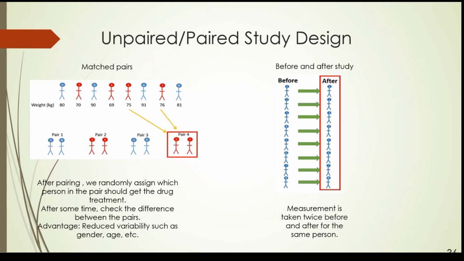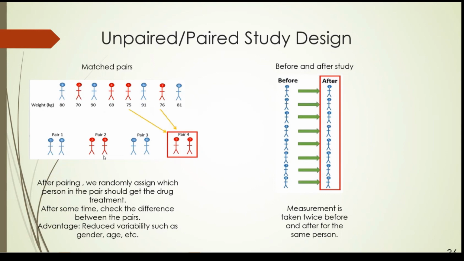Now let's look at a paired group. In this sample, we have 8 people, and they have their weight here: 80 kilograms, 70 kilograms. The blue color one is male. The red color one is female. So we are pairing them up, randomly assigned. The first pair happened to have 2 guys.